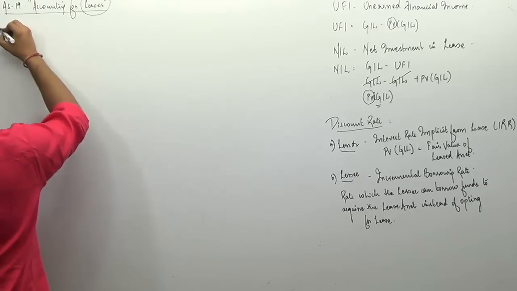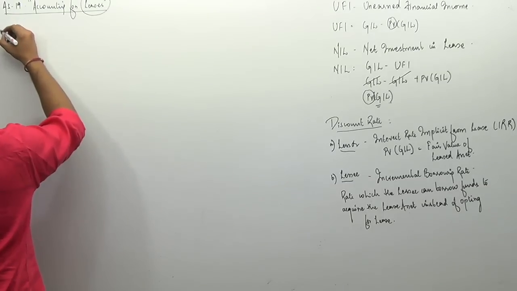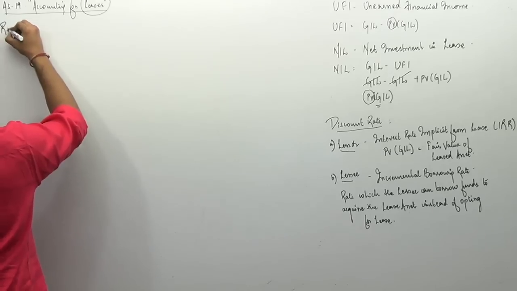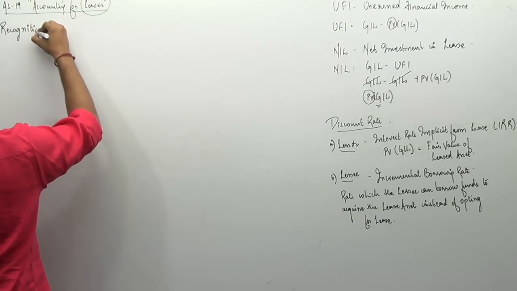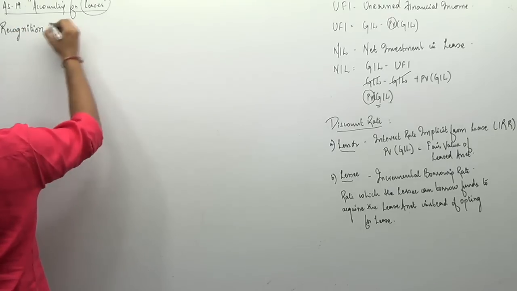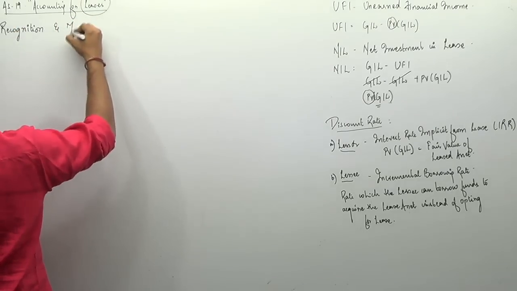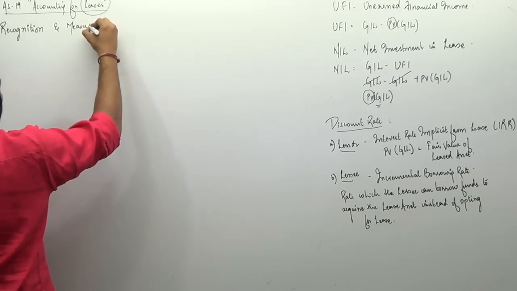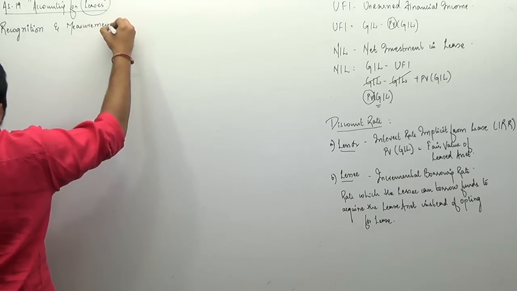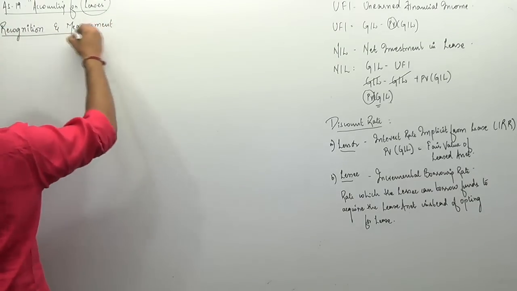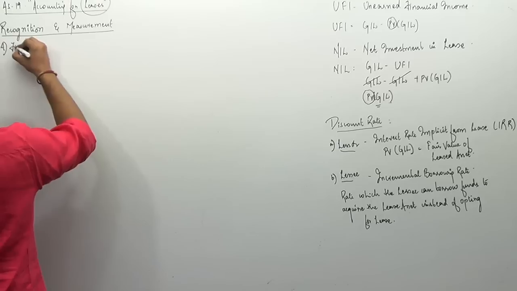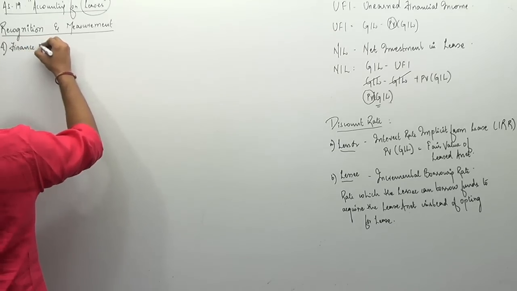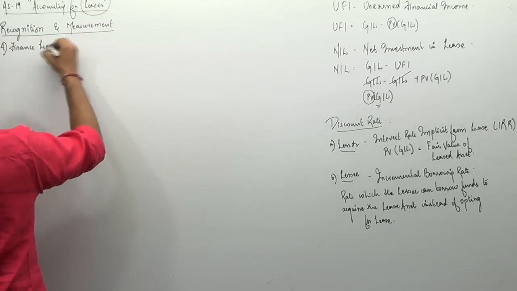Let's try to start with finance lease first. Accounting for leases, recognition and measurement. First one is a finance lease.